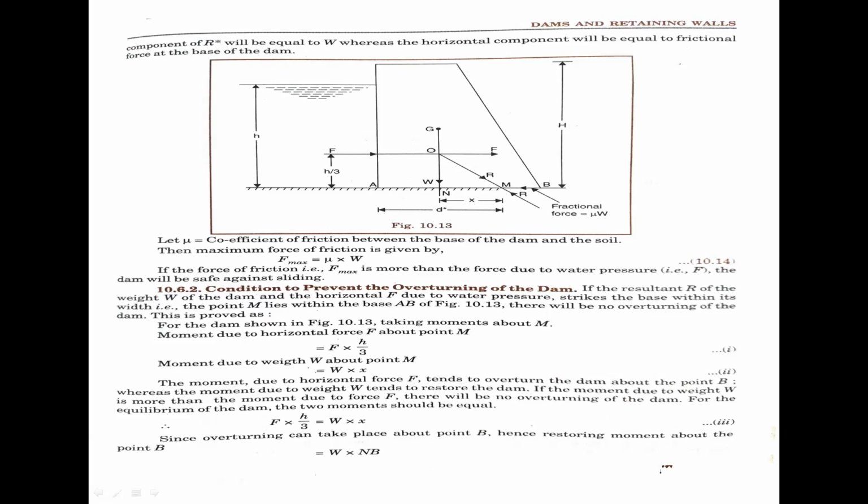Then the maximum force of friction is given by F maximum equals mu into W. If the force of friction, F maximum, is more than the force due to water pressure, that is capital F, the dam will be safe against sliding.